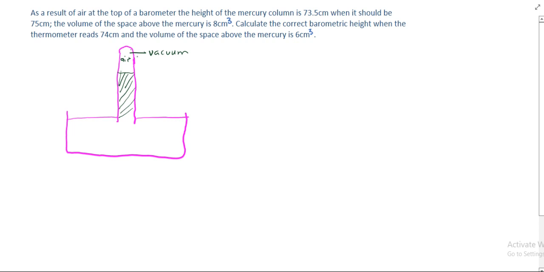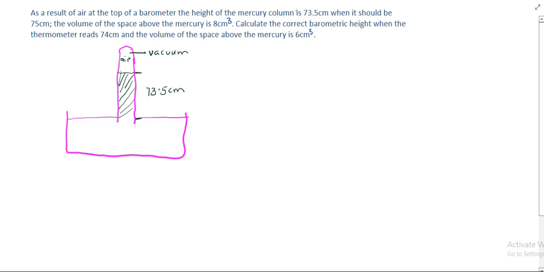As a result of air at the top of the barometer, the height of the mercury column, from this point to this point, is 73.5 centimeter when it should be 75 centimeter.